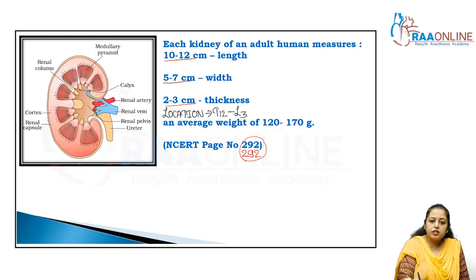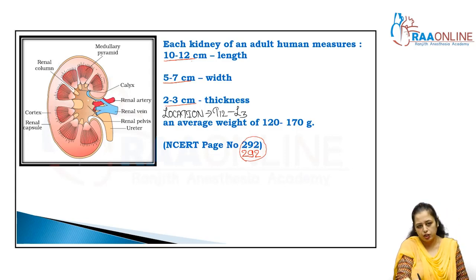The cortex region is just 1 centimeter, you can see here, and that cortex is continued in the medulla, and in the form of the renal columns of Bertini it enters the medulla. A capsule which covers the outside of the kidney is called the renal fascia or renal capsule, right.